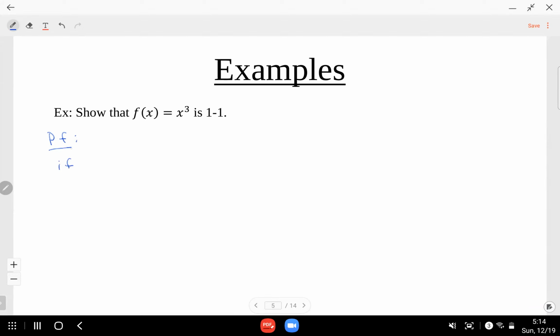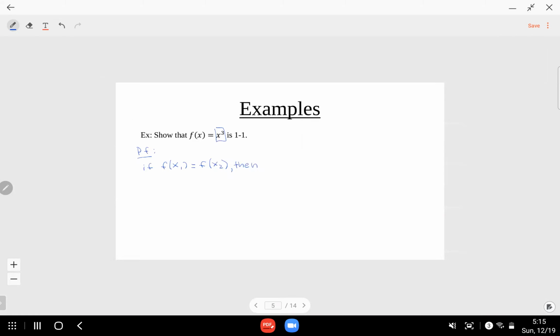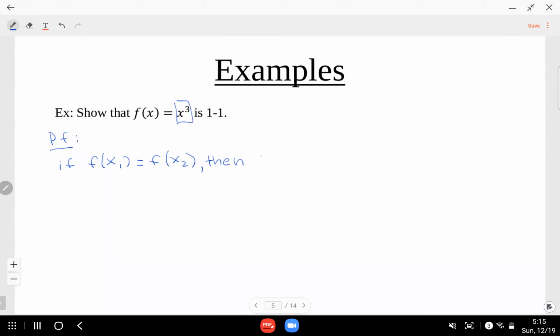If f of x1 is equal to f of x2, then x1 has to be equal to x2, right? That's what we're finding out. And we know that f of x equals x cubed, right? So if f of x1 is equal to f of x2, then we're just going to plug x1 and x2 in, then x1 cubed should be equal to x2 cubed.